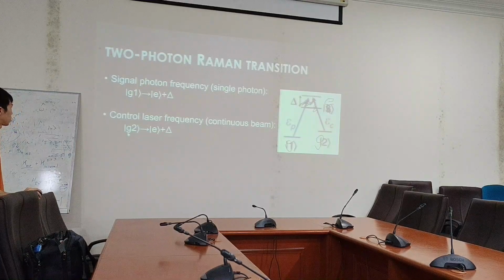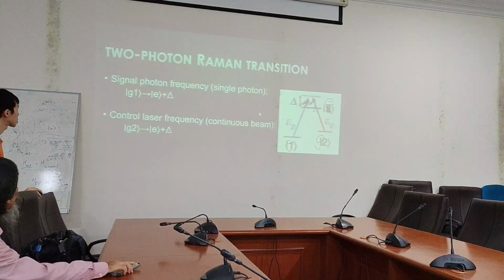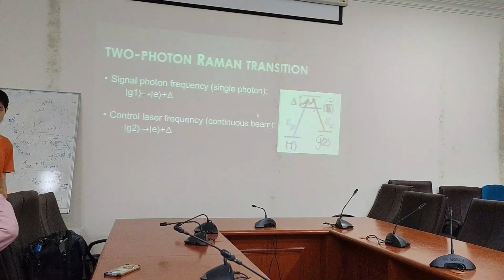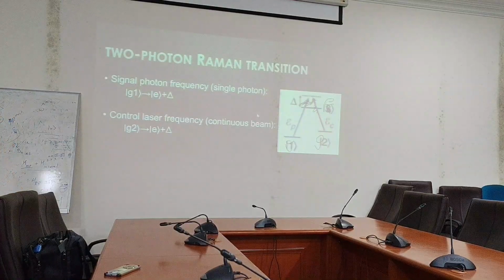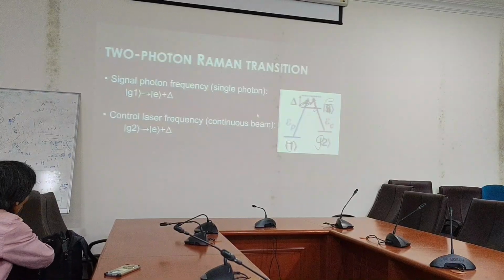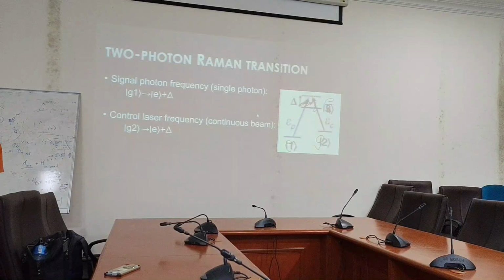Its frequency is from G2 to the excited state plus detuning. You write the frequency as omega. Omega G1 minus omega E equals to delta.